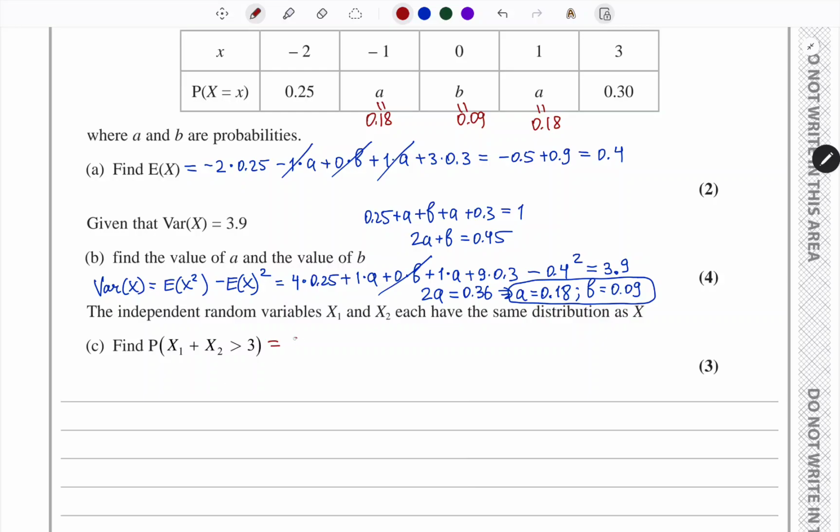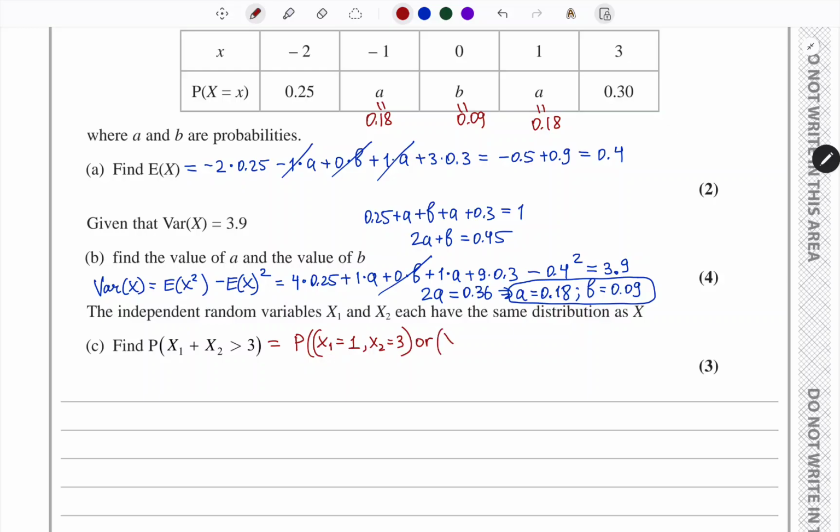So let me continue here. The probability that, I think it could be, x1 is equal to, say, 1, and x2 is equal to 3. So this combination is good.